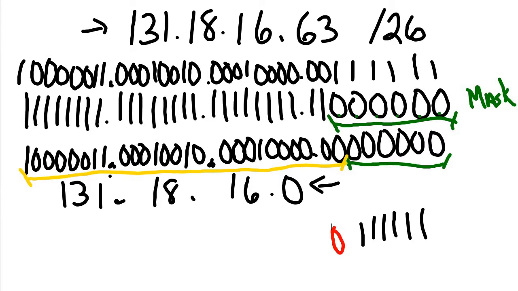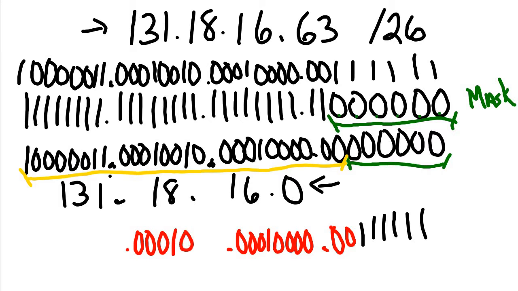We've got 2 zeros that were there, and then our third octet was 0 0 0 1 0 0 0 0. Our second octet was 0 0 0 1 0 0 1 0. And our first octet was 1 0 0 0 0 0 1 1.